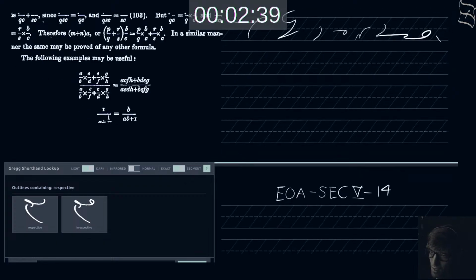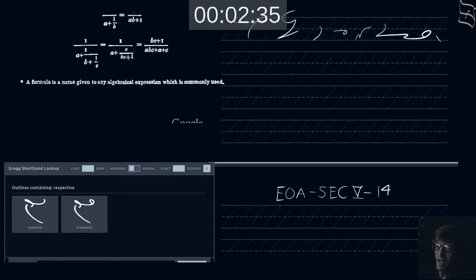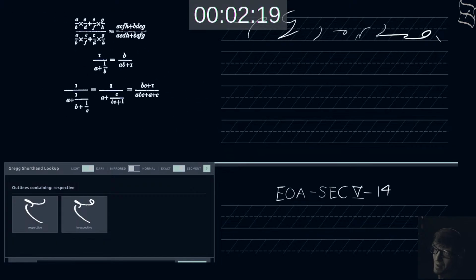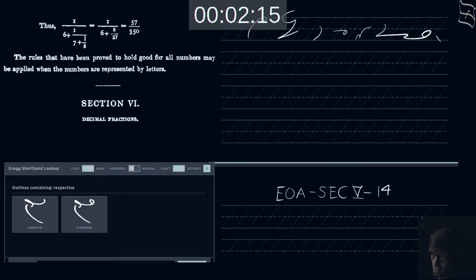And the following examples may be useful. I'm not going to worry about examples right now. A formula is a name given to any algebraic expression which is commonly used. We could work all those examples out, and those are very useful. Like I said before, though, that's not what I'm about at the moment, so I'm going to skip that. And that's actually the end.